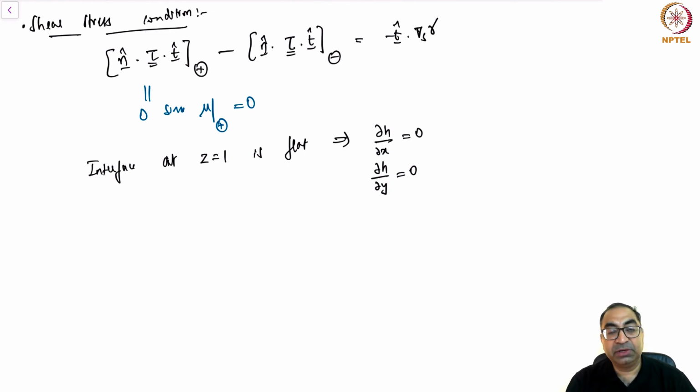So now you have 2 shear stresses that you will have to keep in mind, tau xz and tau yz, and try and evaluate these expressions and evaluate these jump conditions in terms of dimensional velocities. I will continue this discussion in the next lecture. Thank you.